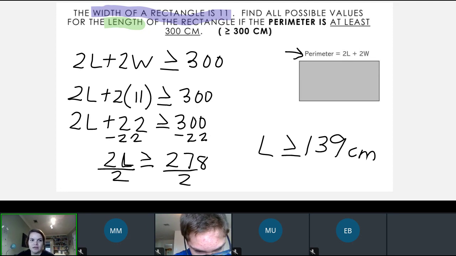We're kind of doing some tougher challenge problems. So L is going to be greater than or equal to 139. But it can be equal. It can be equal to, yes. Got it. Yep, you're right.